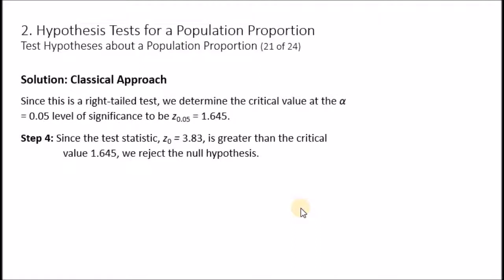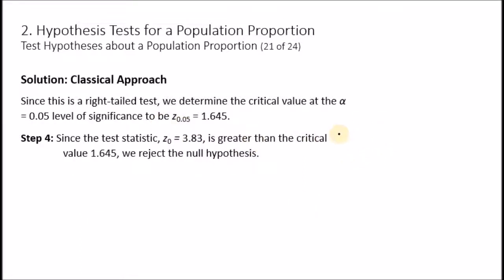We will use the formula for z-naught to compute the test statistic. After we compute the test statistic, if we're going to use the classical approach, then since this is a right tail test, we're going to compute the critical value. If you use Excel to compute the critical value, you're going to get Z sub alpha is 1.645.